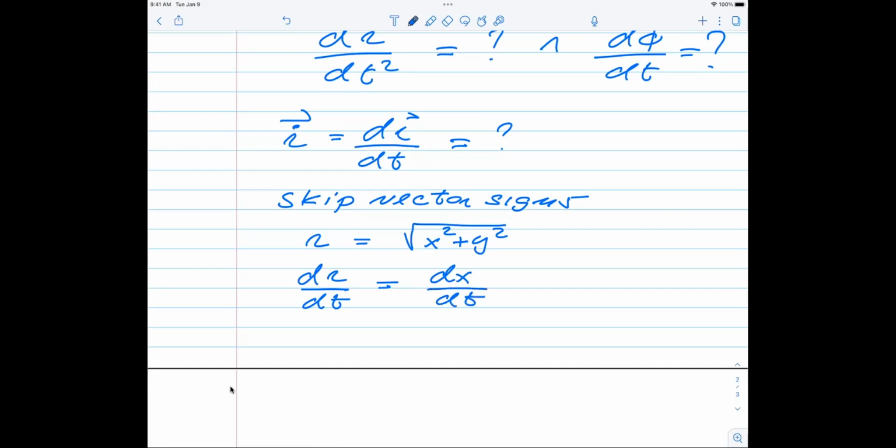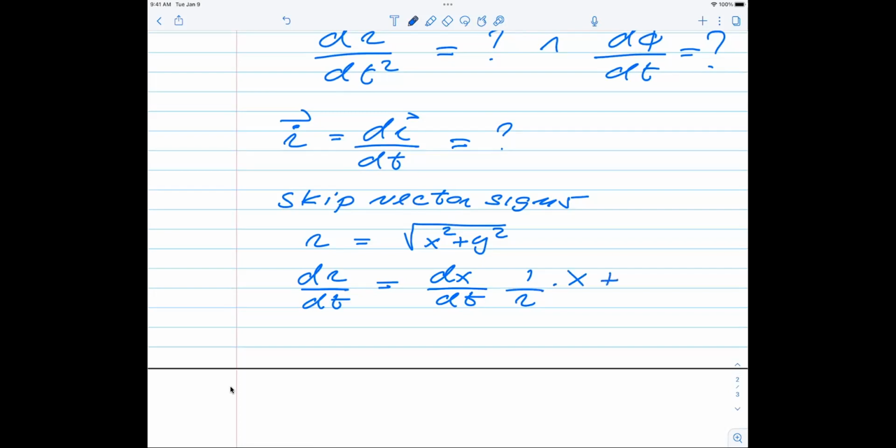Then I have in addition the derivative of the square root, which gives me 1 over the square root, so 1 divided by r. This is also multiplied by the derivative with respect to x, which gives 2 times x. But with 1 divided by the square root multiplied by 2, the factor of 2 disappears.